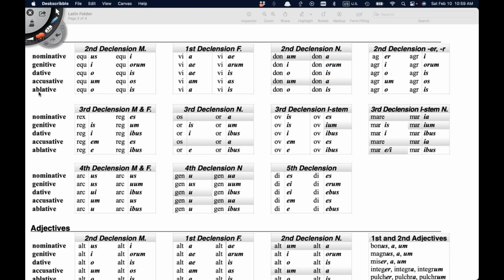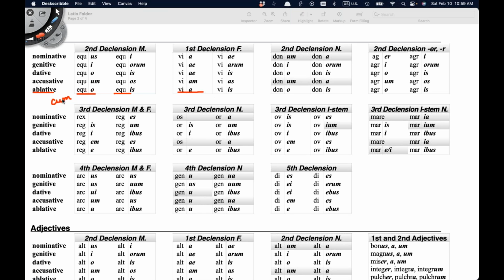And then the ablative is used with lots of prepositions. We're going to be learning these throughout the course. But let's use cum, which means with. So we're walking through the field, cum equo, with the horse. Cum equis, with the horses. Cum via, with the road. Doesn't really make sense.